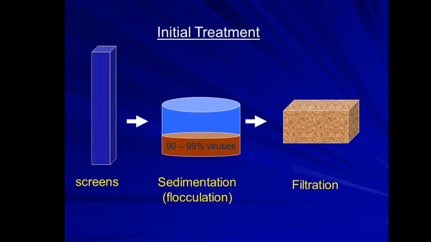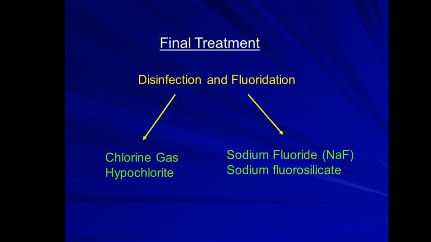Basically, the screen allows removal of the floating solids, then sedimentation and flocculation remove 90% of solids and viruses, and filtration removes bacteria and other impurities like organic impurities. Okay. So the final treatment is the disinfection process and the fluoridation process. Disinfection is for the removal of organisms and bacteria, using chlorine gas or hypochlorite.